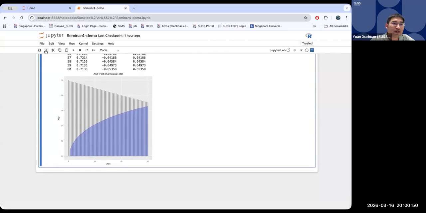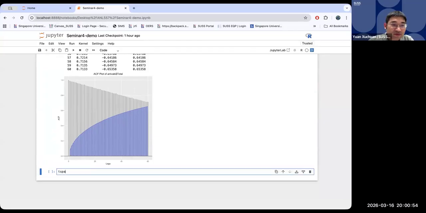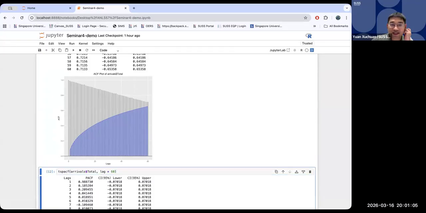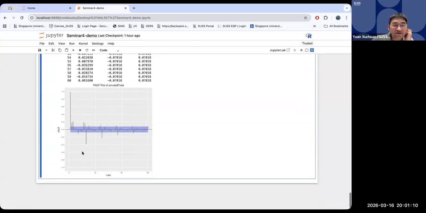And now if you want to look at the PACF, let's look at the 60 lags.